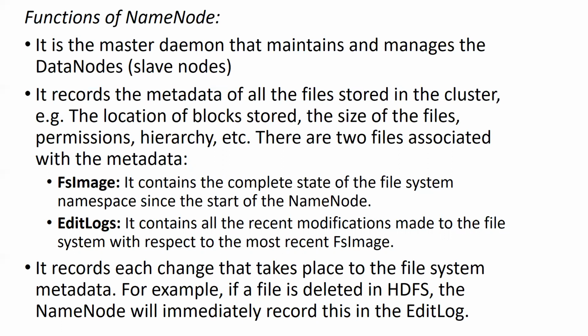There are two files associated with the metadata: fsimage and edit logs. Fsimage is the complete state of the file system namespace from the start of the name node. And edit logs store the recent modification logs.